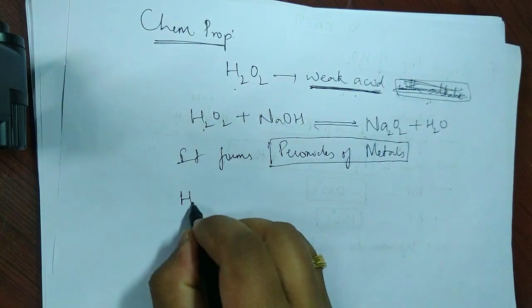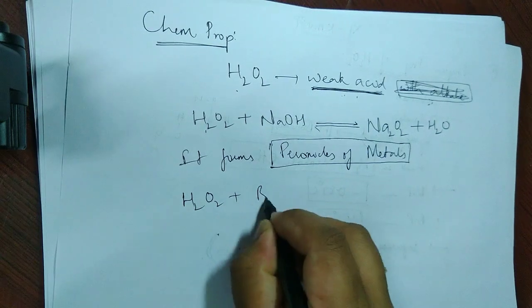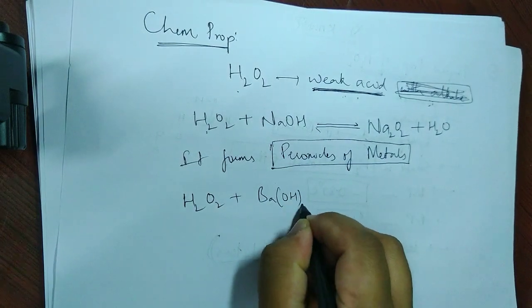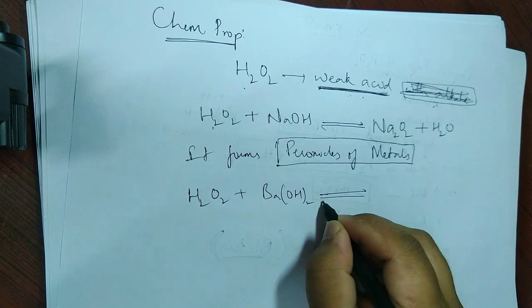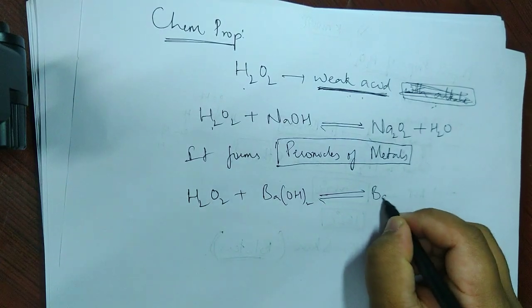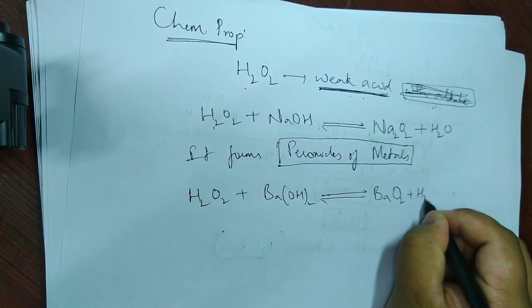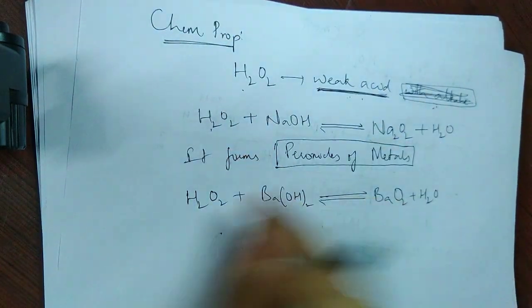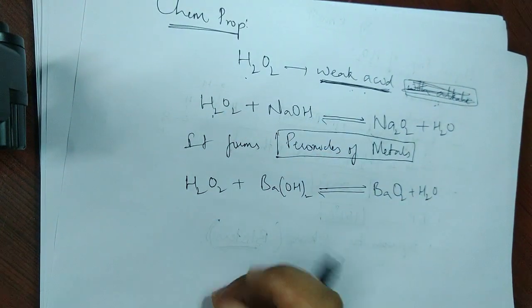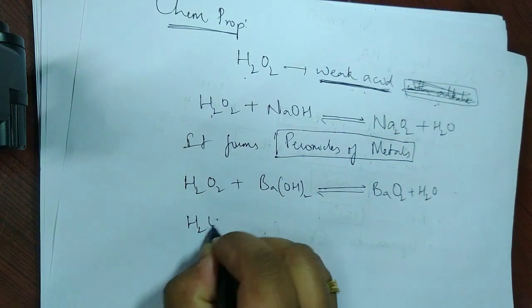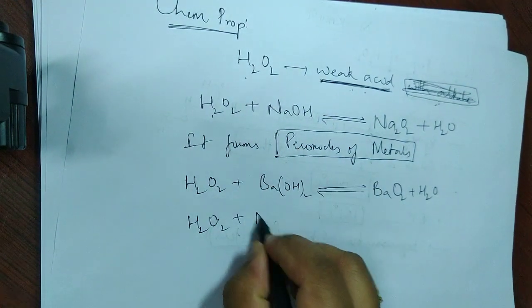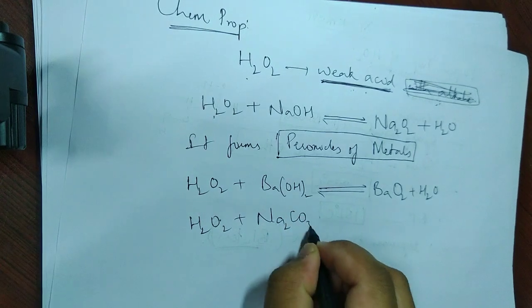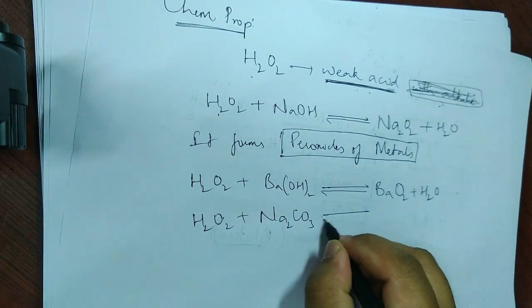Whatever metal we have used in the alkali, that peroxide will form. For example, H2O2 plus barium hydroxide, Ba(OH)2, forms barium peroxide plus H2O. In fact, we have studied this in the methods of preparation, where these two react, so the properties are the reverse. I can also write H2O2 plus Na2CO3. What should have happened?